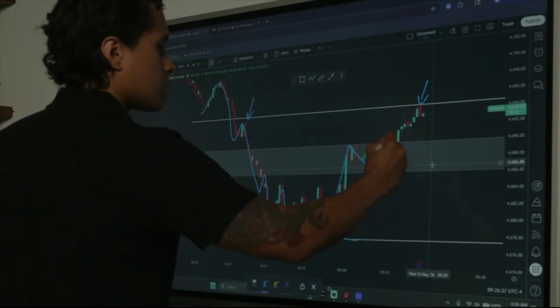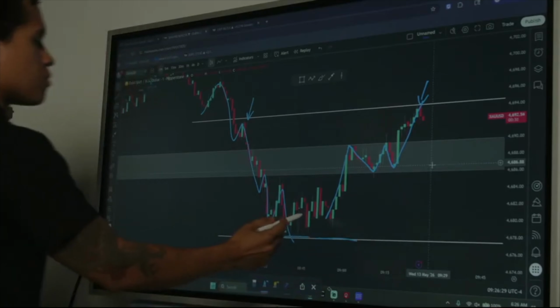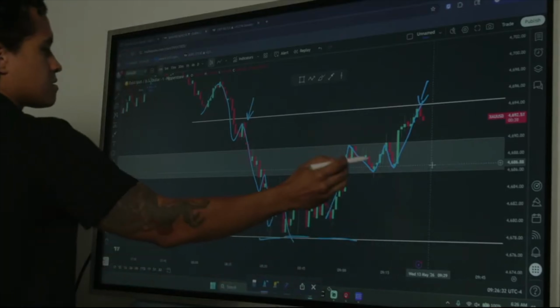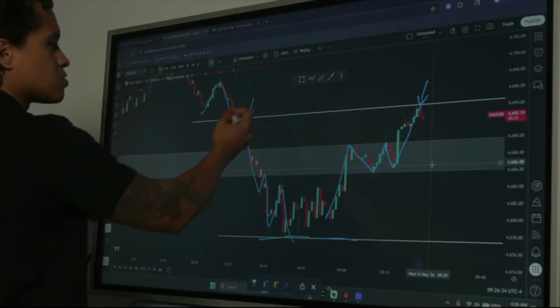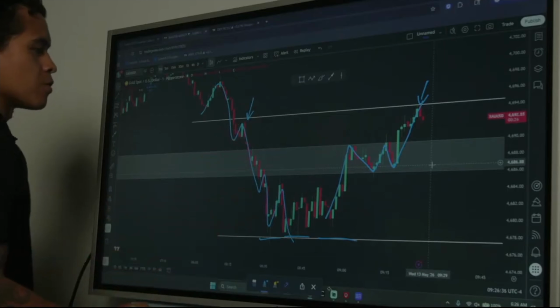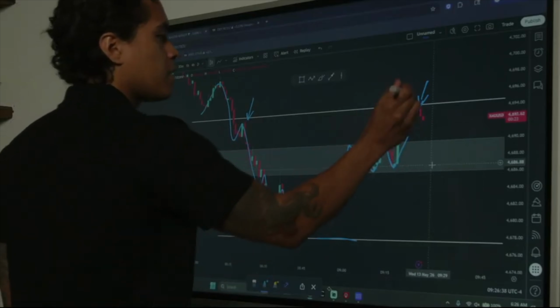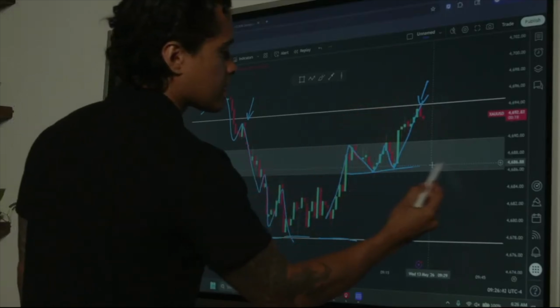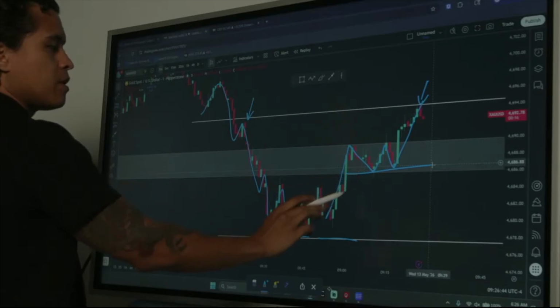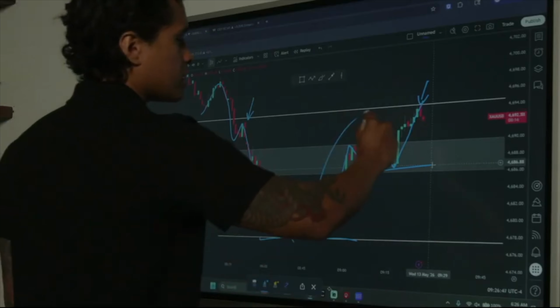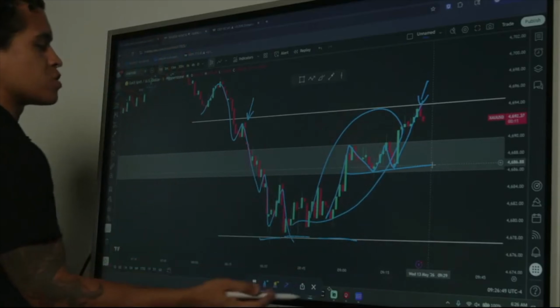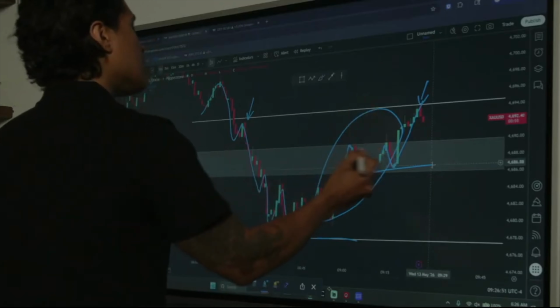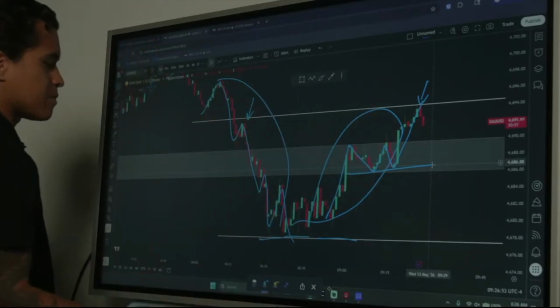Recovering. So this is what we would want to see to go back into this stronger structure. We'd want to see price action for one, reject, which is what we're seeing right now. But then two, we want to get that follow through below this, for example, so that way we can basically eliminate this sort of bullish market structure that's being created against this right here. Does that make sense?